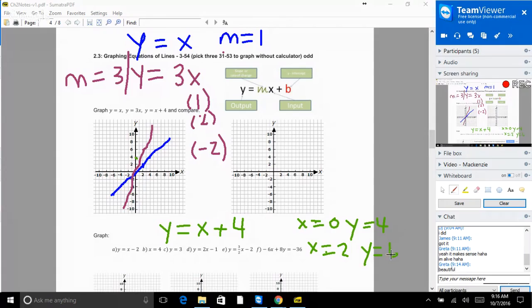So when x equals 2, y equals 6. All right. And then let's do a negative one. X equals -4. So when x equals -4, -4 plus 4 is 0. Y equals 0.